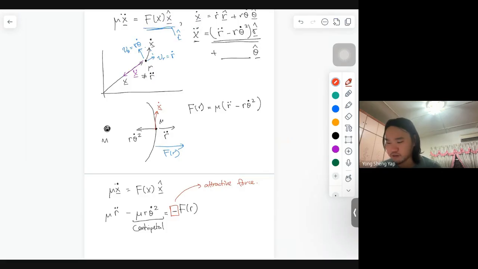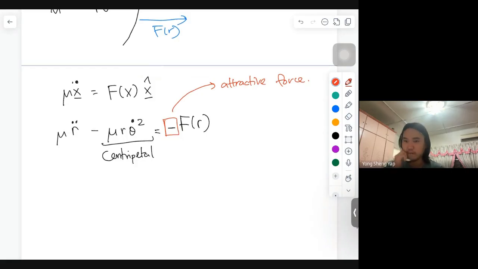Are there any questions up until now about decomposing the equation of motion and writing it down in the radial direction? Good. If there's no further questions, we can now solve this equation of motion. It looks scary, but there's a way to do it.